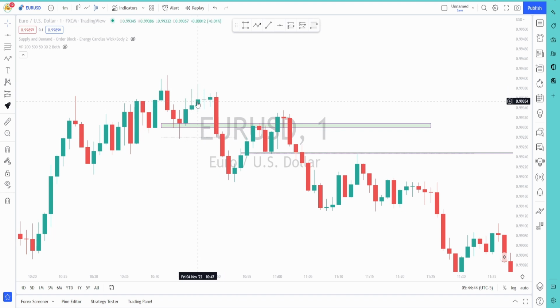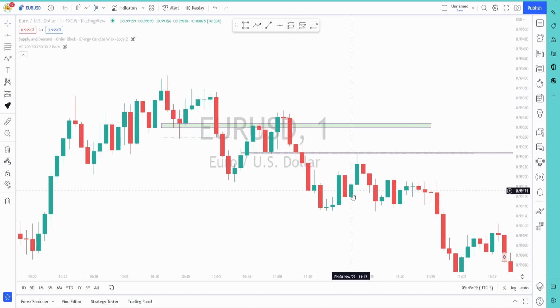Now you can see price decides to change direction, comes up, retests the area, but then shoots up. I don't really see a strong indication if it's going down. It may go up at this point. So you may have avoided this.